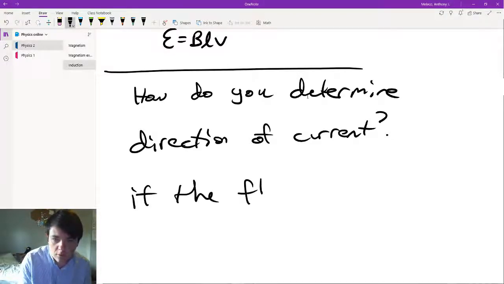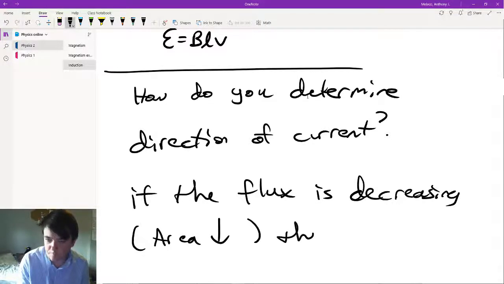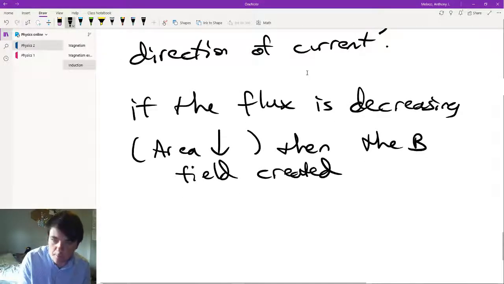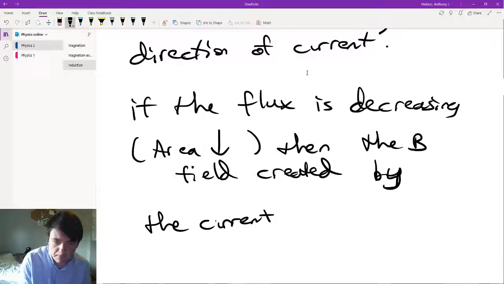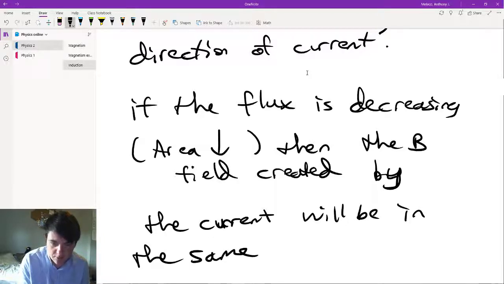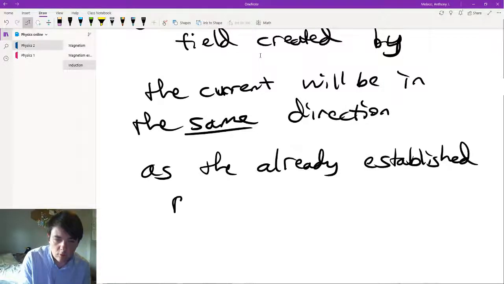So if the flux is decreasing, for example the area is going down, then the B field created by the current will be in the same direction as the already established B field.